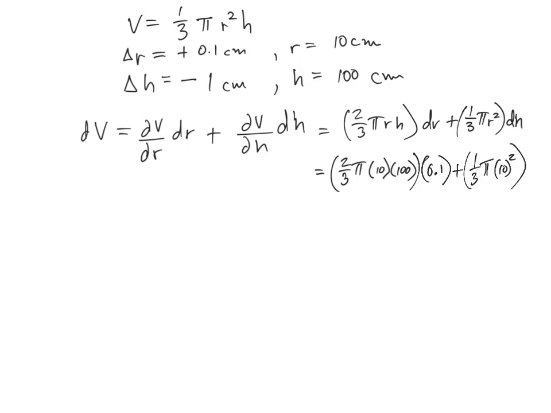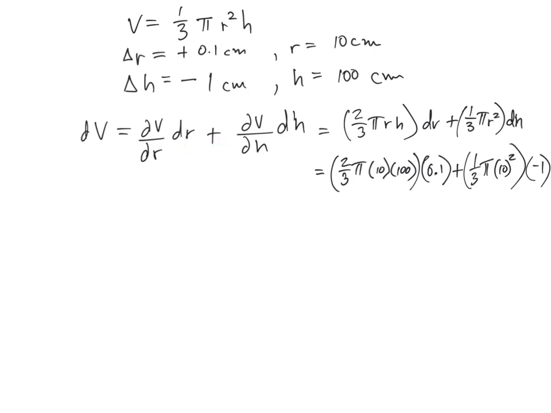Times dh, well, that's our delta h of -1. Okay, so this is the slope of our function in the r direction. You multiply that slope at an r value of 10 and an h value of 100 times how much you change in the r direction. That gives you how much V changes due to a change in r.